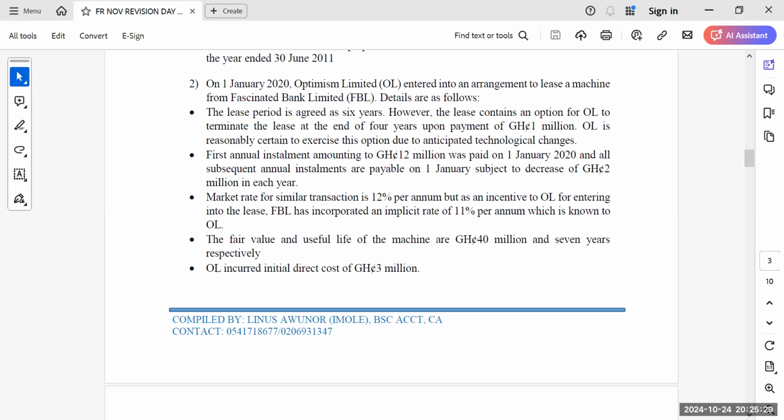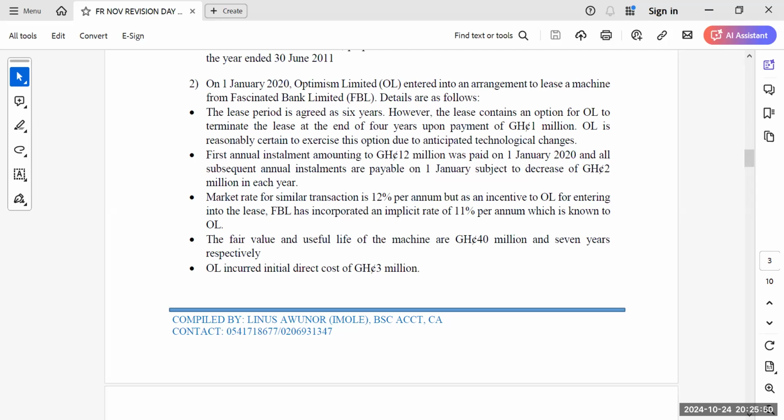The first annual rental payment of 12 million was paid at the start, and all subsequent annual installments are payable on 1st January, subject to a decrease of 2 million each year. The market rate for a similar lease is given, but we use the rate implicit in the lease. But let me start from the beginning so that we can simplify this and move on.